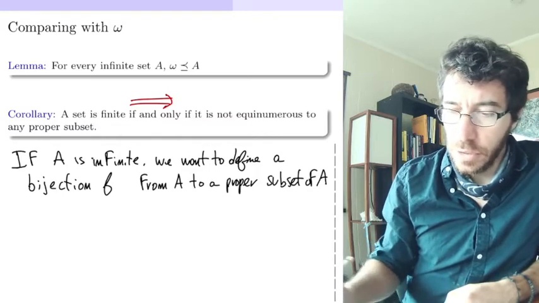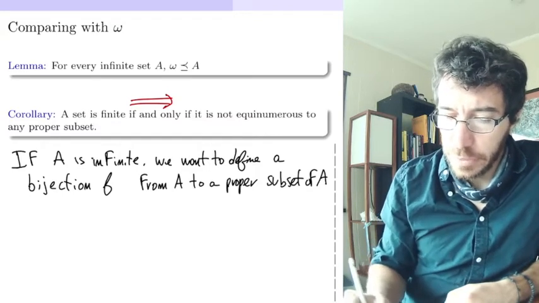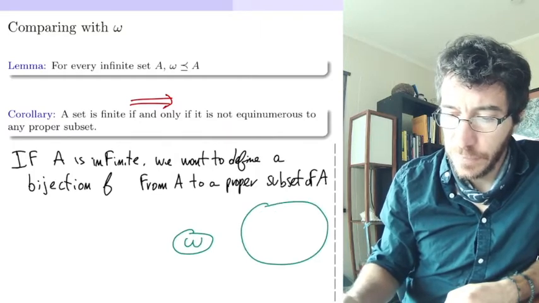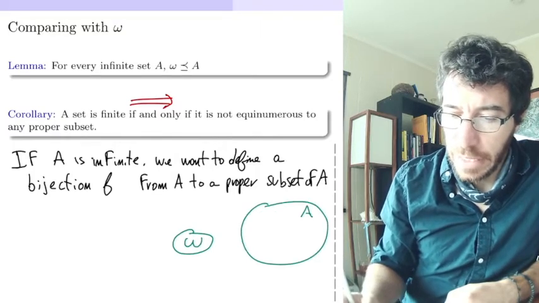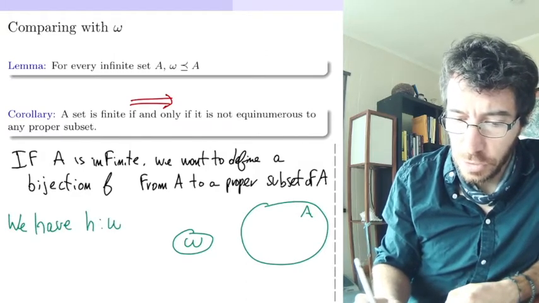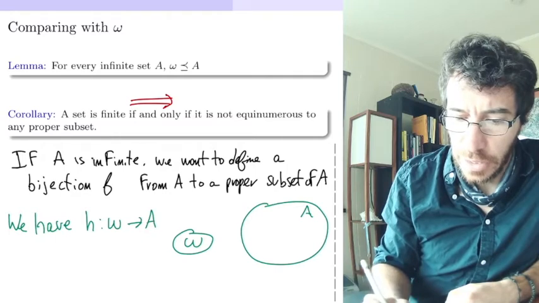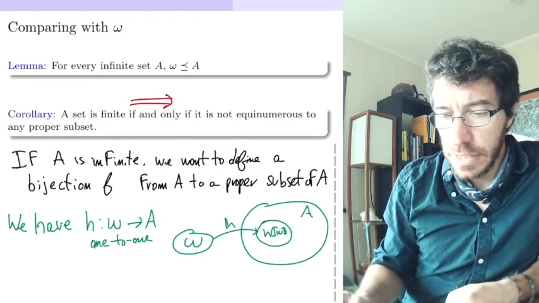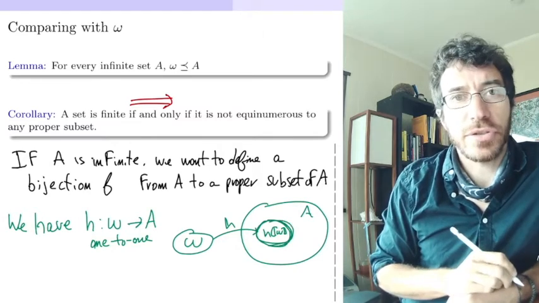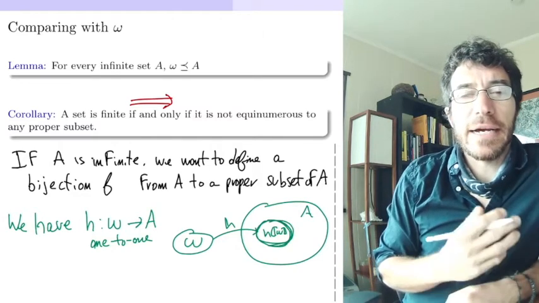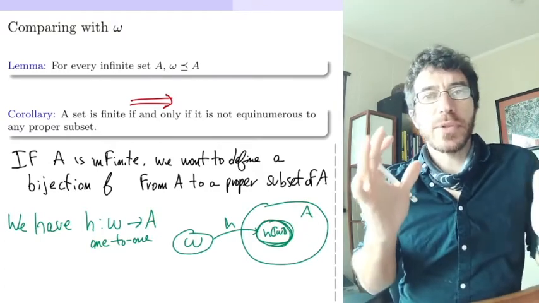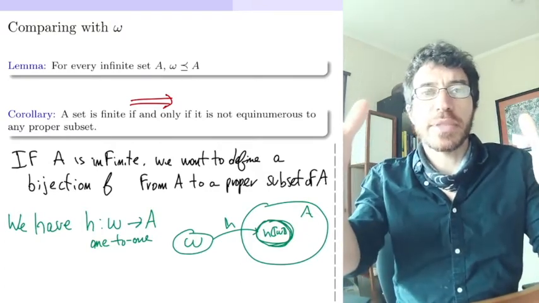Well, we know already that we have our map here, let's say the natural numbers, and here is our set A. And we have our map H, so we know we have a one-to-one function from omega to A, no? Whose image is somewhere inside A, maybe it's the whole thing, but it's somewhere there. And now what we can do is, the natural numbers, we know how to map the natural numbers to a proper subset of themselves, right?